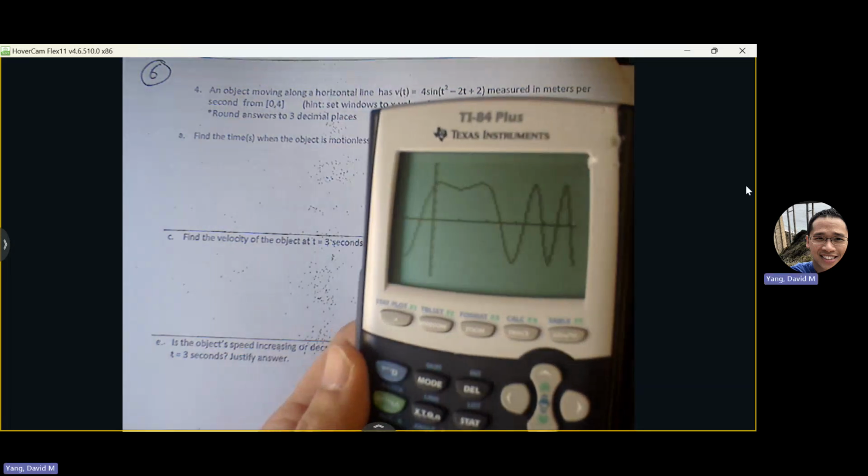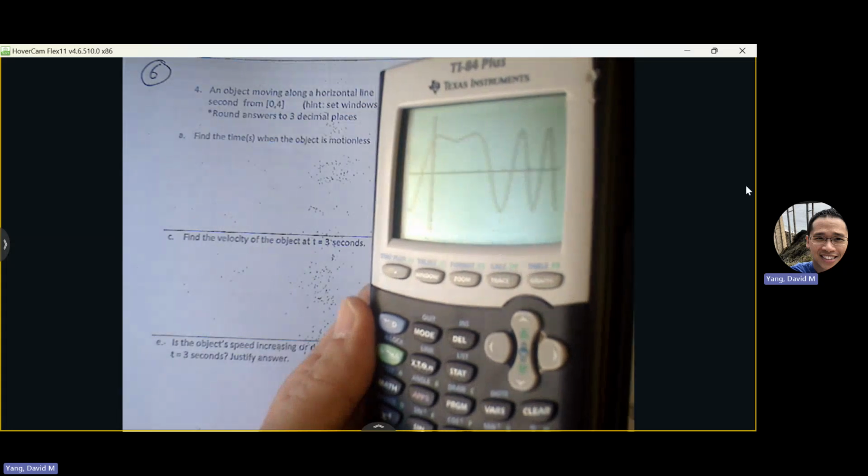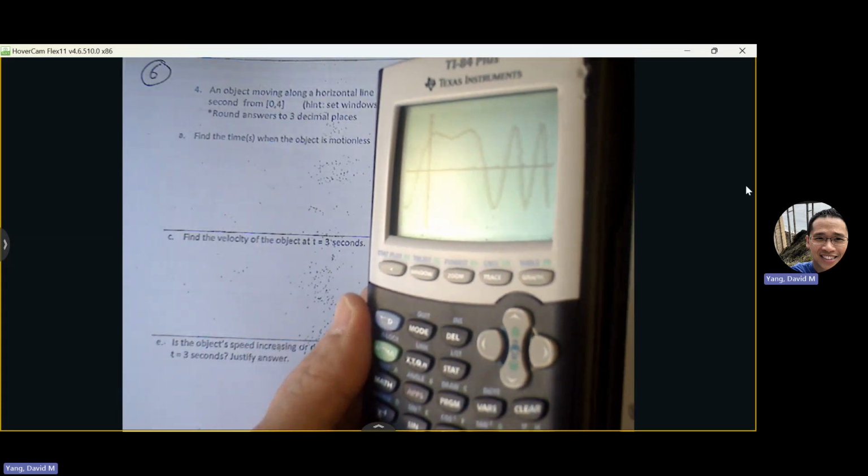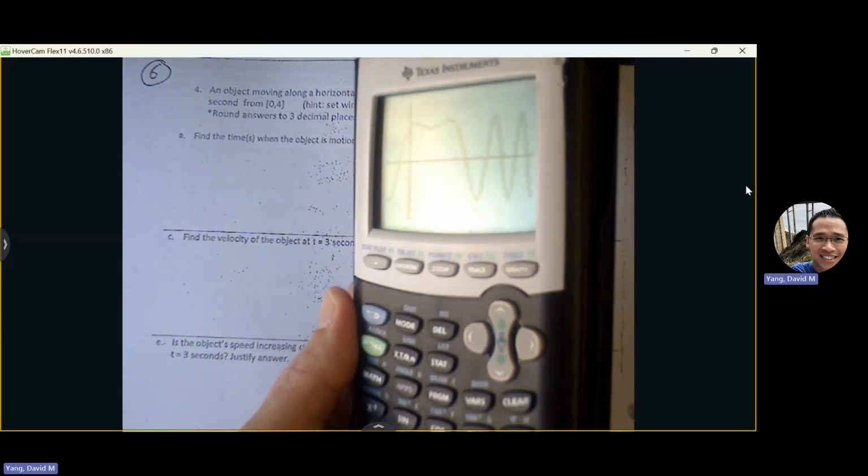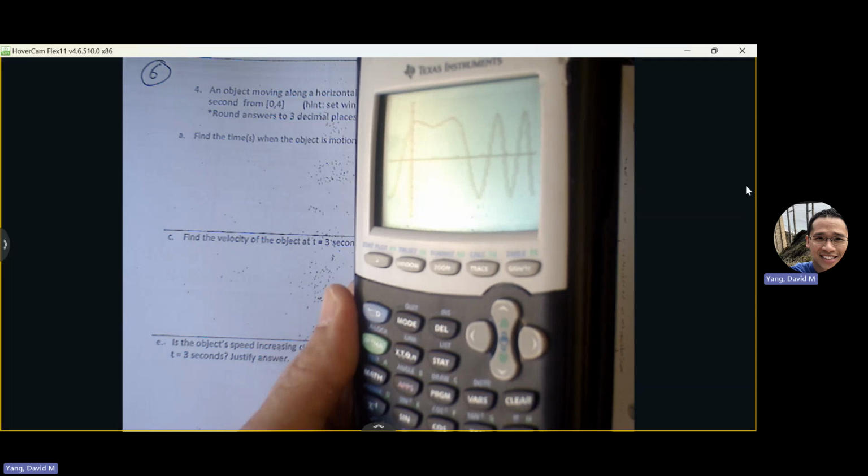So part A says, find the time when the object is motionless. So this is the velocity graph, which means above the x-axis is positive velocity, below the x-axis is negative velocity. So if we want to find velocity 0, we're simply looking for the what?